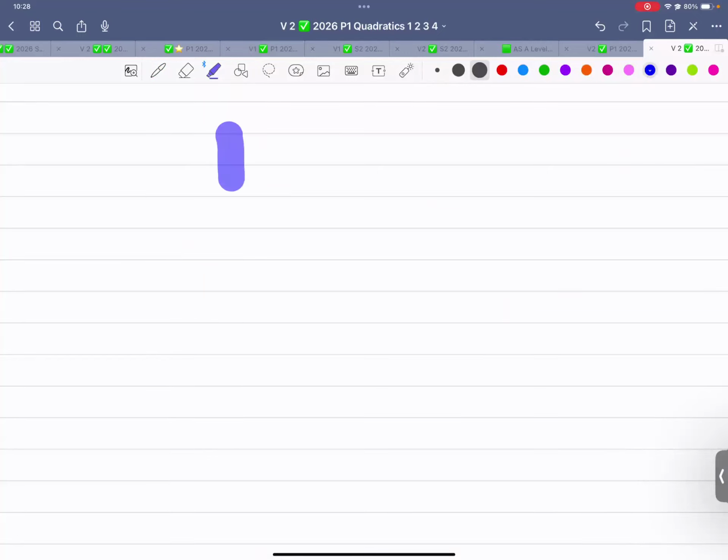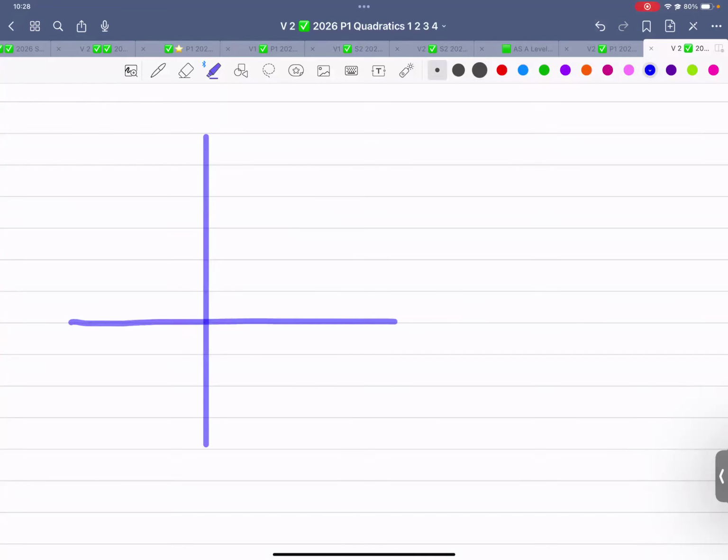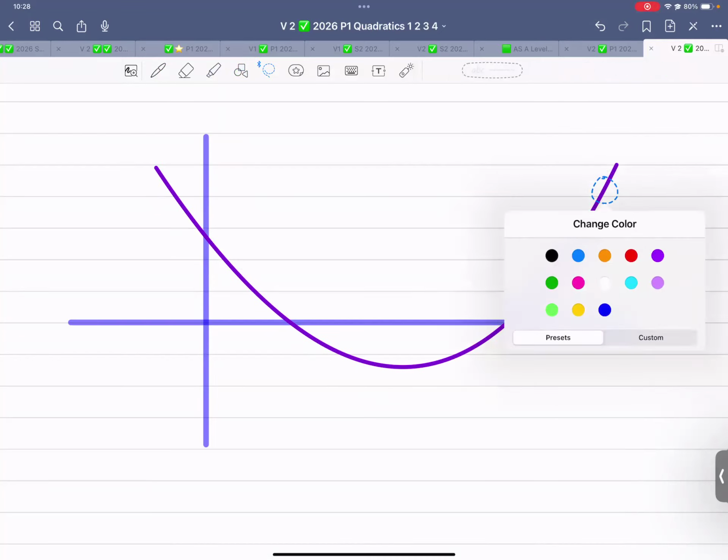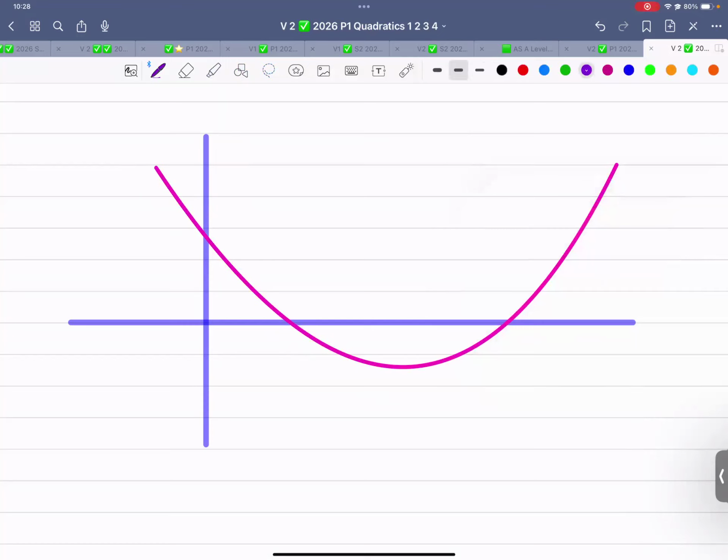If I draw a curve that goes like this, we know that y is equal to a times x minus p times x minus q. That is the factorized form. This is p, this is q, and a is the coefficient of x square.